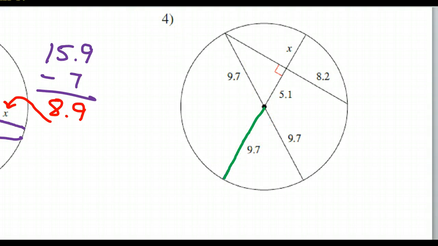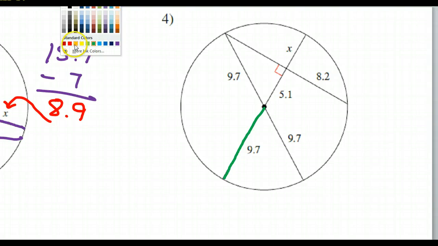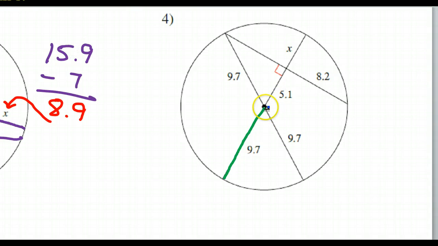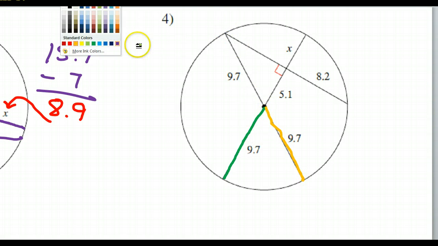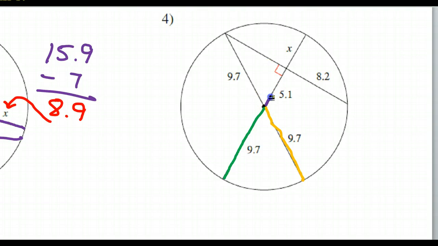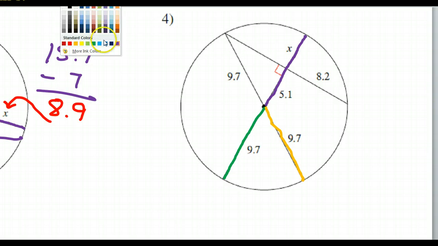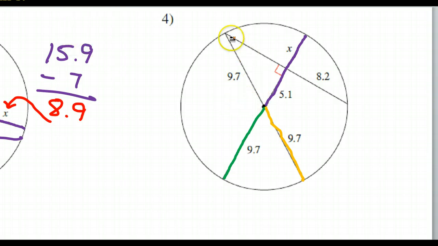That's why that's 9.7, and this is 9.7. Okay, that over there is 9.7. Everything I'm drawing here is 9.7 because they are all radii of this particular circle. All right, those are the 4 radii that are shown in the picture, and they are all 9.7.